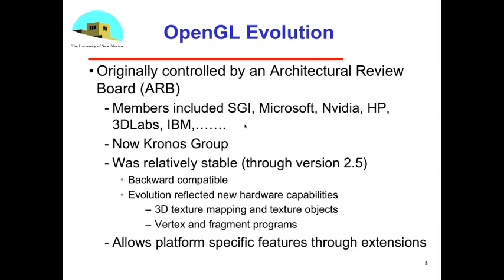So all through version 2.5, things would change a little bit, but you were always guaranteed backward compatibility, so that if you had developed a program and you got an upgraded version of OpenGL, your old program would work. It evolved to have new hardware capabilities during that time.